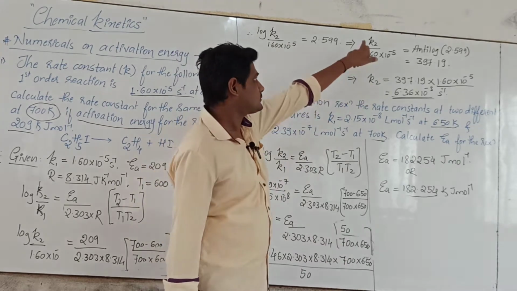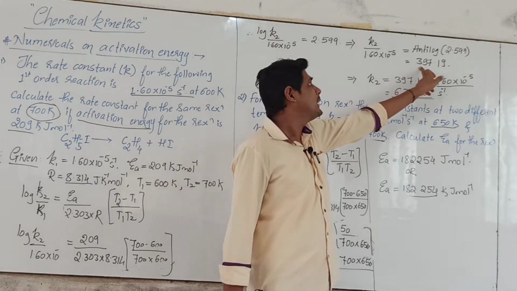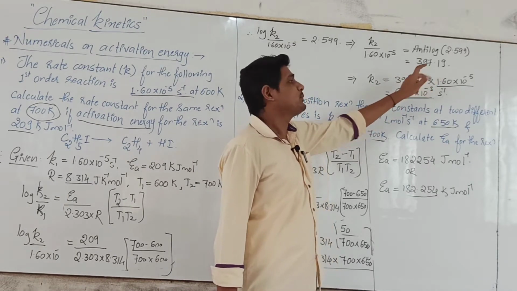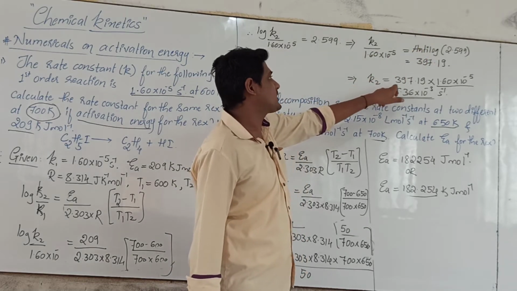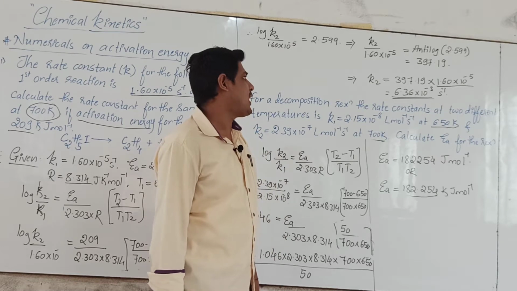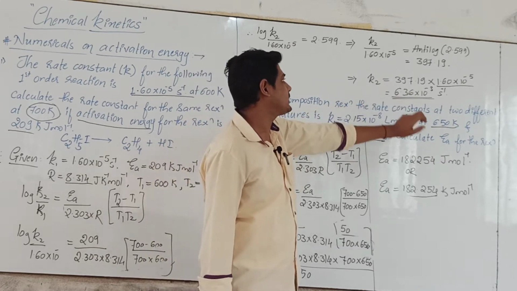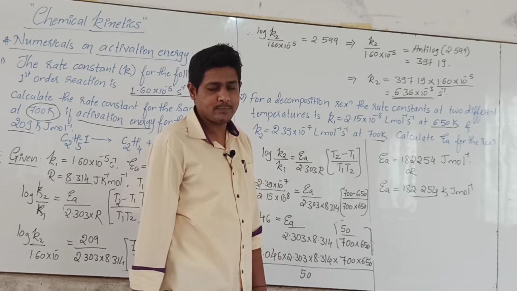So K2 by 1.60 into 10 to the power minus 5 is equal to 397.19. So K2 is equal to 397.19 into 1.60 into 10 to the power minus 5. On solving this we'll get 6.36 into 10 to the power minus 3 per second.